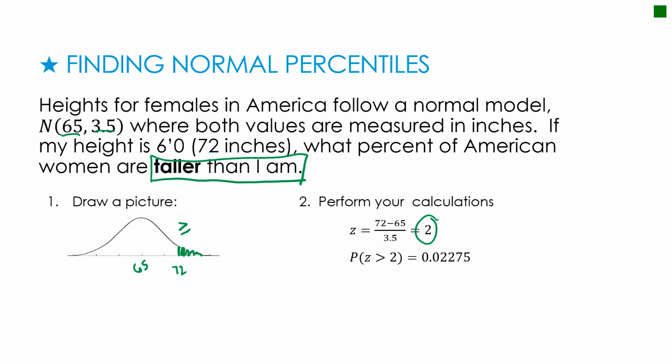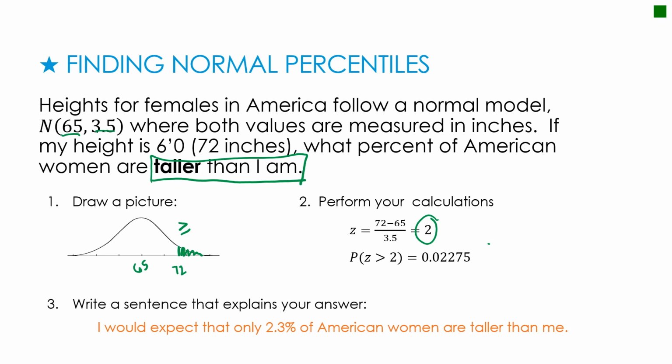No, we got to go into StatCrunch to do that work. I didn't show you that StatCrunch printout, but again, I used a mean of 0 and a standard deviation of 1 and plugged in the value of 2 and used x is greater than or equal to 2. And this was the percentage that I came up with. And what does that mean? I would expect that only about 2.3% of American women are taller than me.